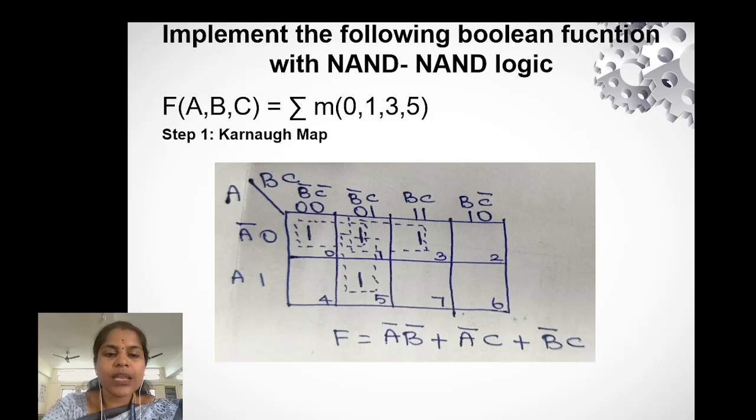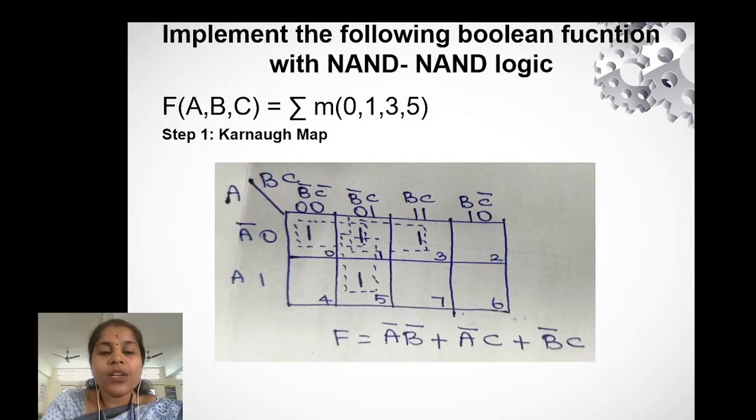Now we can solve this with a practical example. Here, a Boolean example is given for NAND logic implementation. The Boolean function is f(a, b, c) equals summation m of 0, 1, 3, 5. The first step is to plot these minterms on a K-map. We know how to solve the K-map, right? The cells corresponding to minterms 0, 1, 3 and 5 are marked with 1.